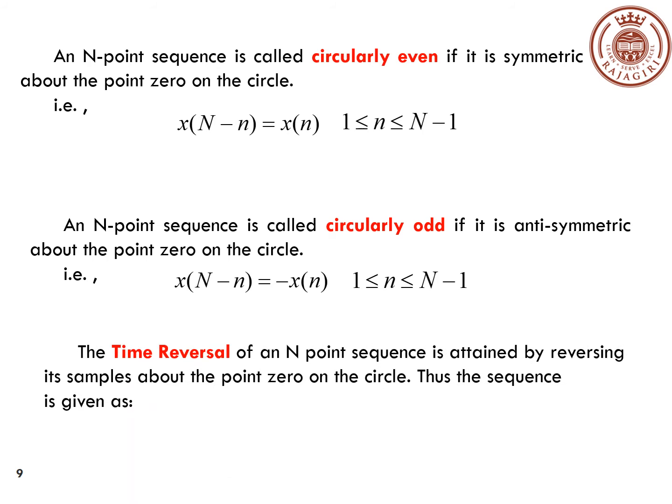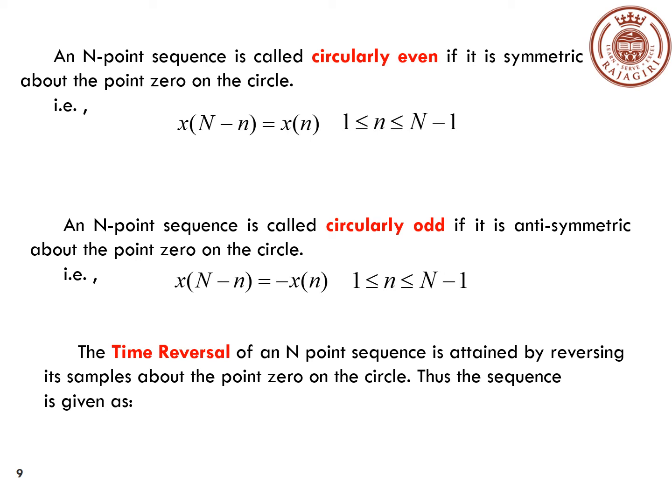Now the next term is what is known as time reversal. How do I obtain time reversal of a sequence? If you are given an N-point sequence, okay, and normally we mark everything in the anti-clockwise direction by dividing the circle into N equal points.